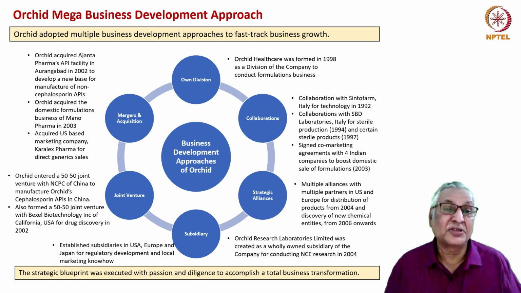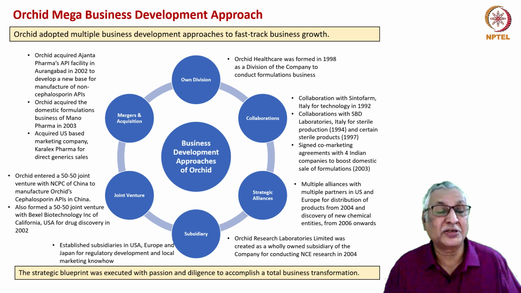In terms of mergers and acquisitions, Orchid acquired Ajanta Pharma's API facility in Aurangabad in 2002. That reduced the cost and also time of establishing a new brownfield base for manufacturing non-cephalosporin APIs. Therefore, as compared to the Chennai plant, which was greenfield, the Aurangabad plant emerged as a brownfield development.